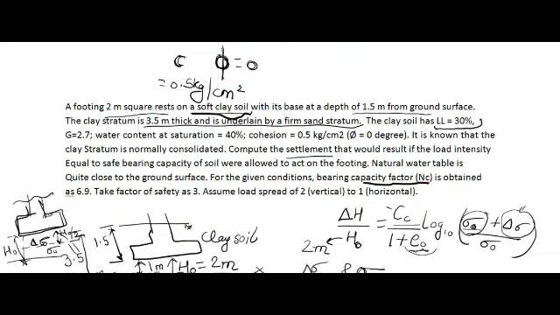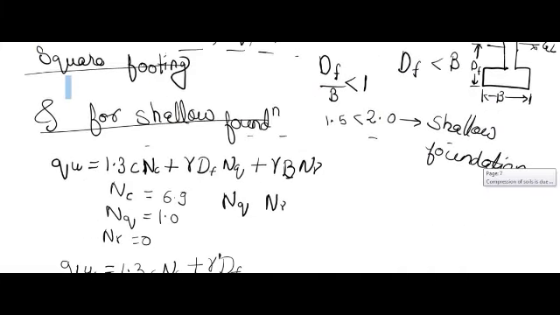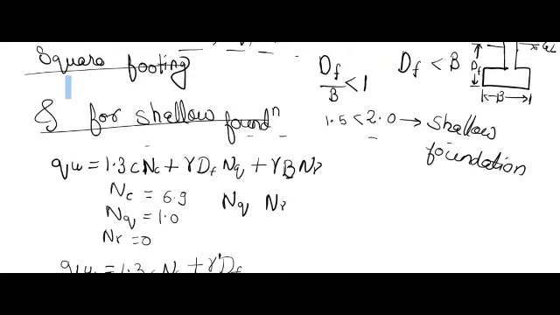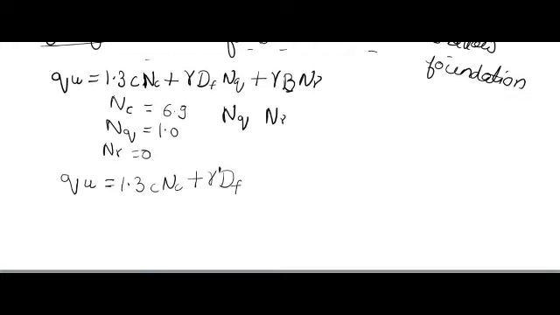Natural water table means water is near the ground level, as close as possible to the ground level. So hence the density of soil will be gamma dash, that is gamma submerged. The soil will be considered as a submerged soil.